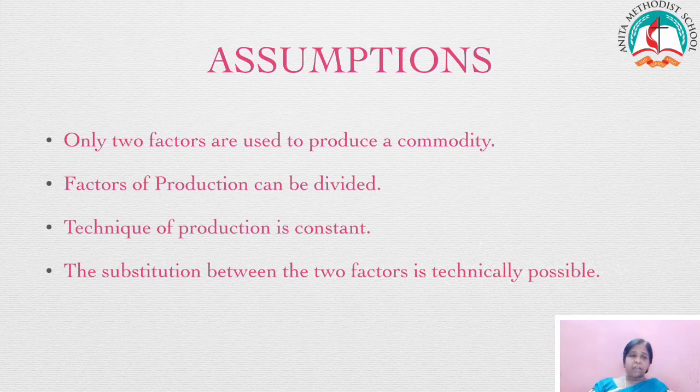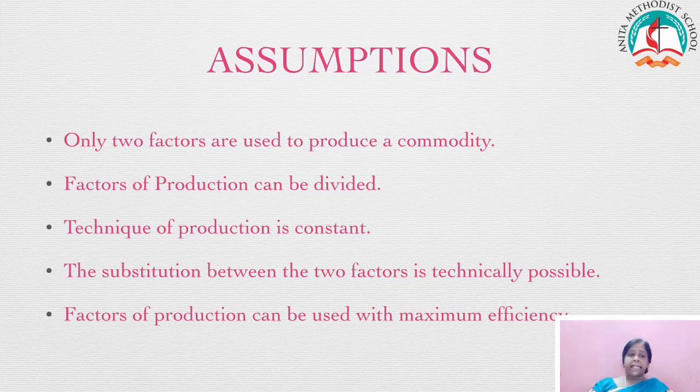The substitution between the two factors is technically possible. The factors of production can be used with maximum efficiency. The factors of production are land, labor, capital and organization. We are going to use these factors of production in a proper manner, and use the resources in a proper way. And these are the assumptions of isoquants.